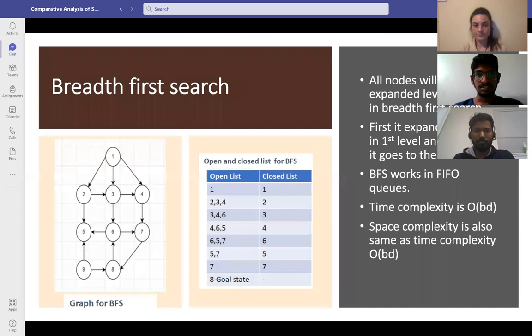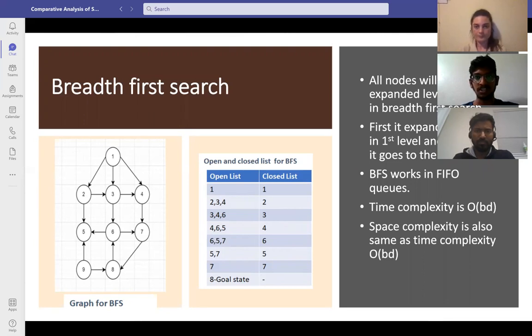So yeah, this is breadth first search. In this, we use a FIFO queue to solve the problem. If we take 1 as the source node, the goal state here is 8. Our approach is going from 1 to 8, and in breadth first search we follow this FIFO mechanism.